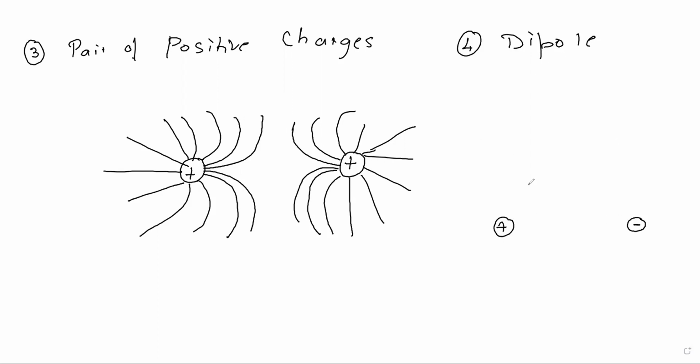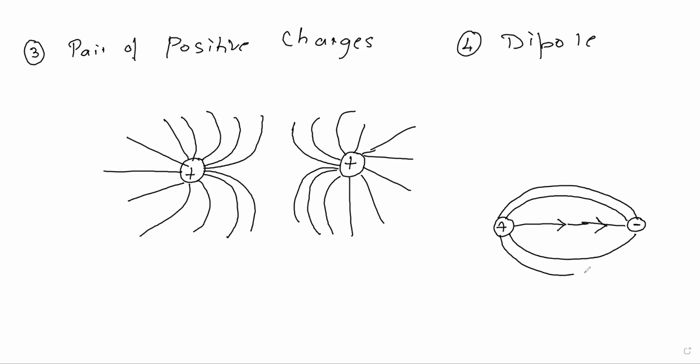Now what happens? They both get attracted towards each other. As we said, positive will always be radially outward, whereas negative will always be radially inward. So please see the arrow representation. Positive is outward, negative is inward. There is an attractive force between these two charges. The charges attract each other. Draw it neatly and try to practice it.